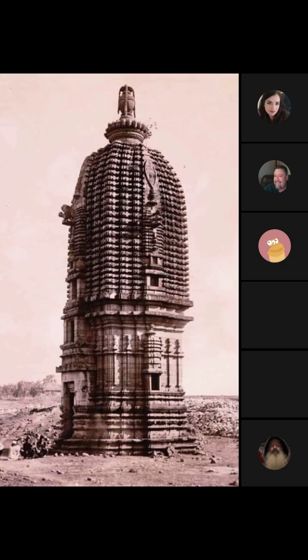So the problem with the world is that it's all connected. There are pyramids in Egypt. There are pyramids in South America. Some of these mountains are really pyramids, apparently, even in Antarctica.